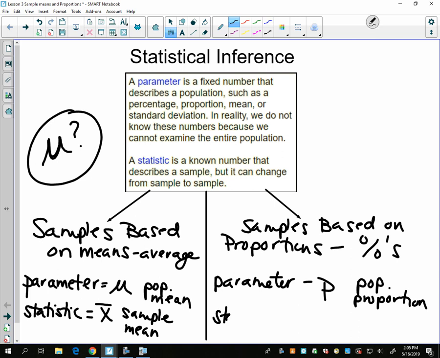The statistic is known as p hat. It literally is p with a hat on it. And that's the sample proportion.